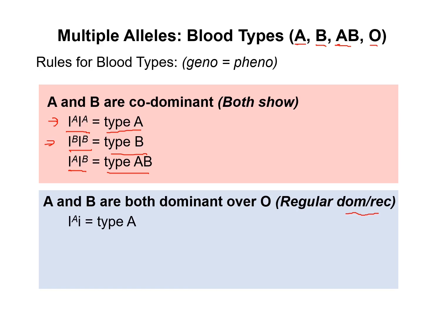So you can get this example where the I is capital and the next one is lowercase, and this will be type A. This will be type B, again with the capital and the lowercase, and you can have the two lowercases, which will be type O.